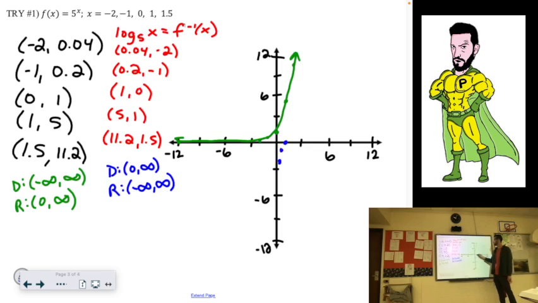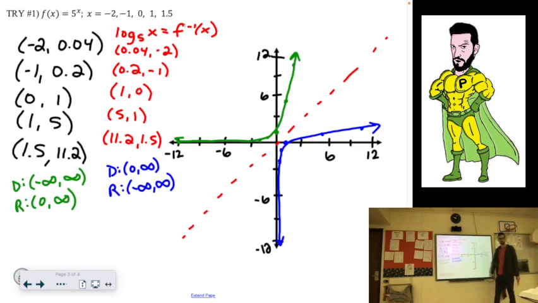We got 1, 0, 5, 1, and 11.2, 1.5. Are those reflected over the line y equals x? Yeah, all right.